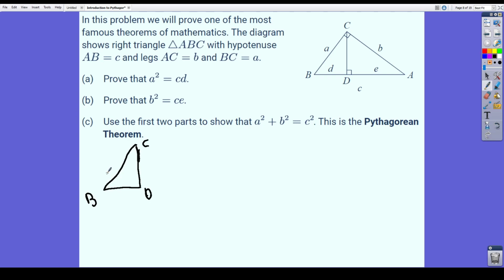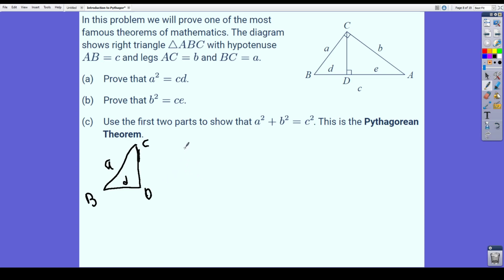And CB has a length of lowercase a, and BD has a length of lowercase d. CD has an unspecified length, so I probably shouldn't worry about it right now.